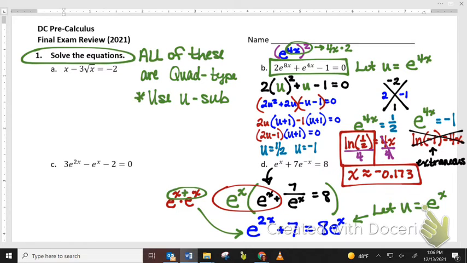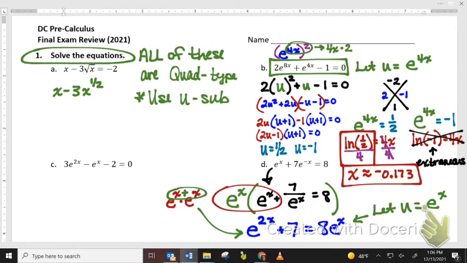What would you let u equal on part A? Radical x. Can't you rewrite that? Rewrite it how? 3 to the 1/2 x.